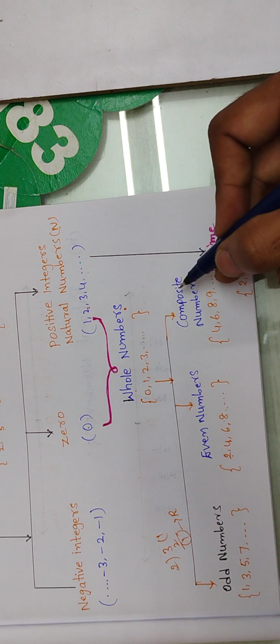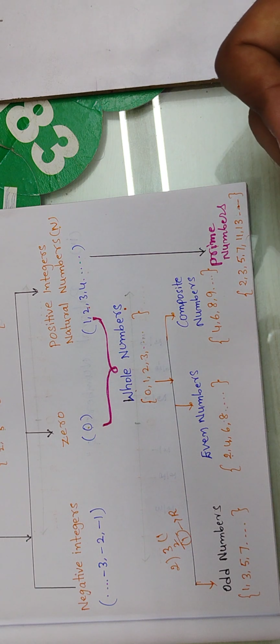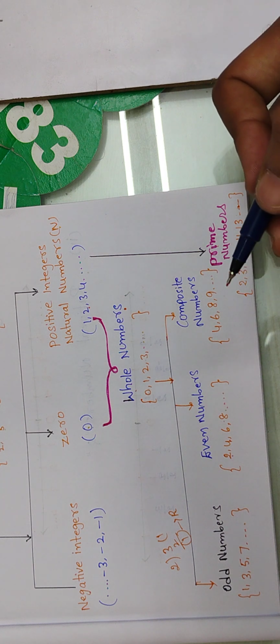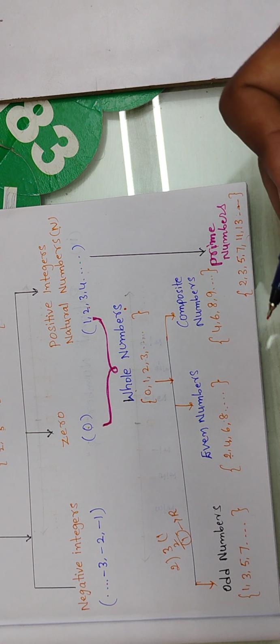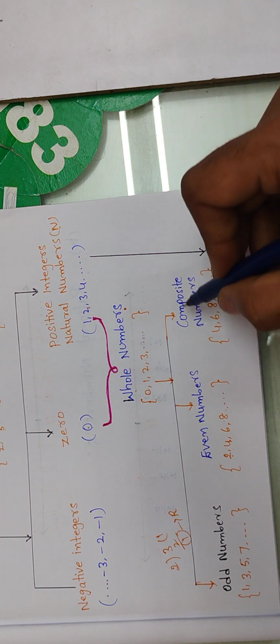Now come to composite numbers. What are composite numbers? The numbers other than prime numbers, or you can also say numbers having more than two factors, we call composite numbers.